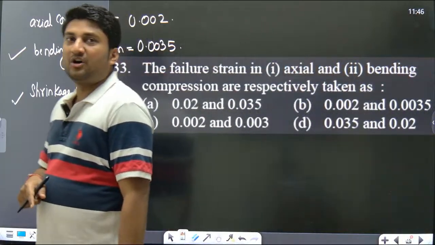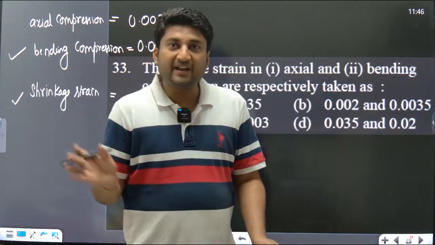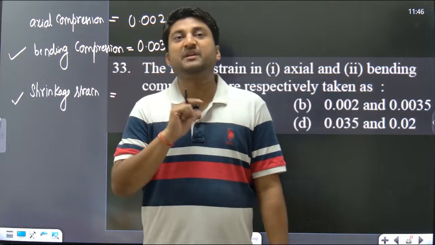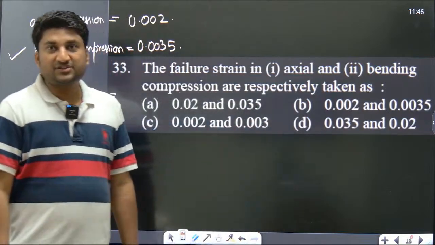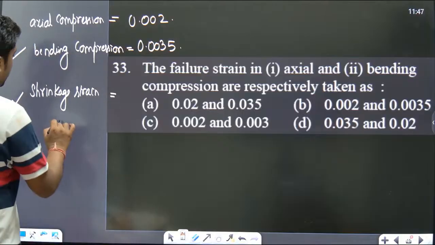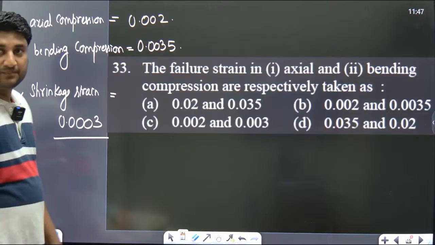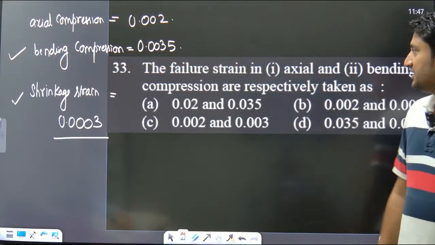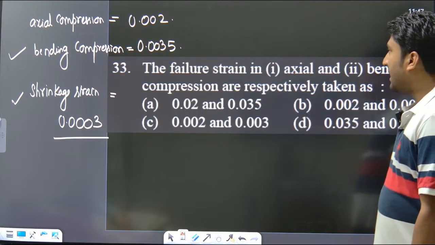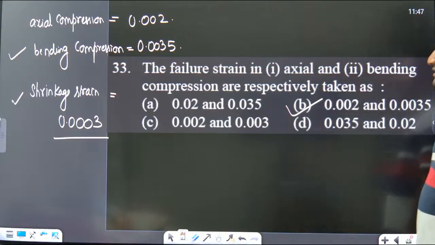Whenever we cast the concrete, the water from the pore gels evaporates out, so it shrinks, and minimum reinforcement is always provided to resist these stresses. So this value is 0.000003. Understood? Very good. So these three strains you need to remember. Here the answer is 0.002 and 0.0035. Option B is the correct answer.